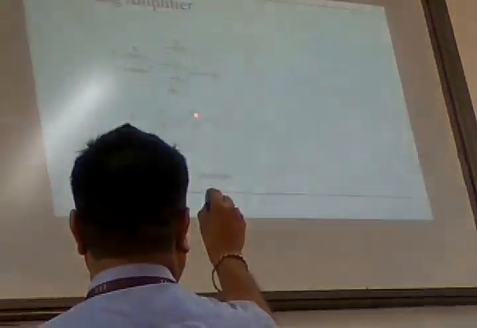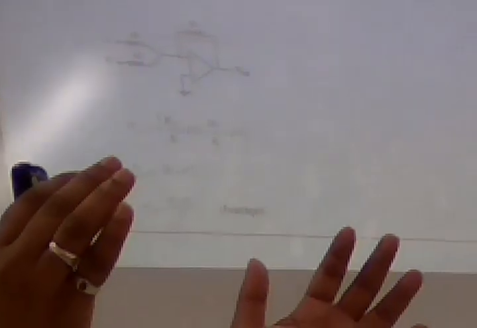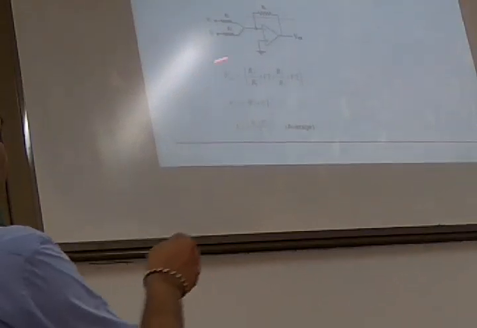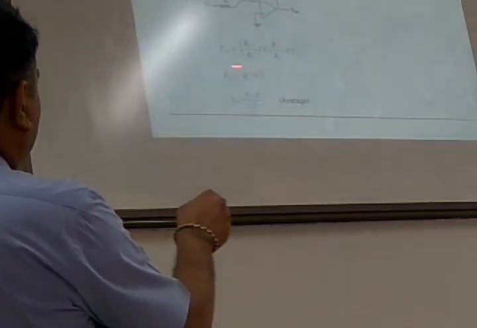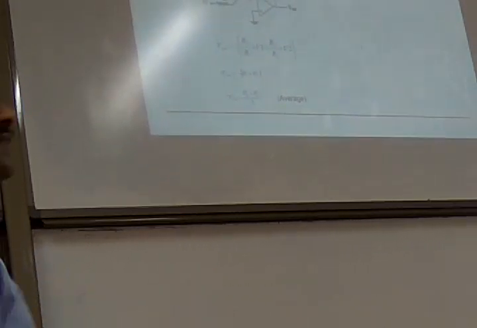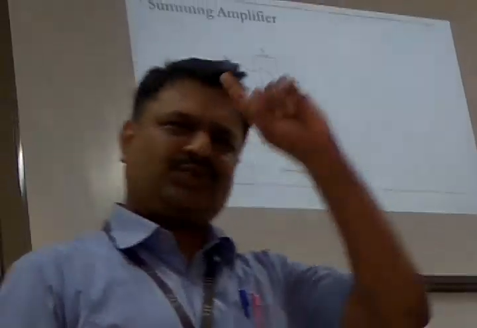This much output is because of V2. Sum both and you get the total output: RF divided by R1 times V1 plus RF divided by R2 times V2. If you have these two quantities, you get your output. This equation is going to help you fetch 25 marks in CAT 2 and probably 10 to 20 marks in the final exam. Just one equation.